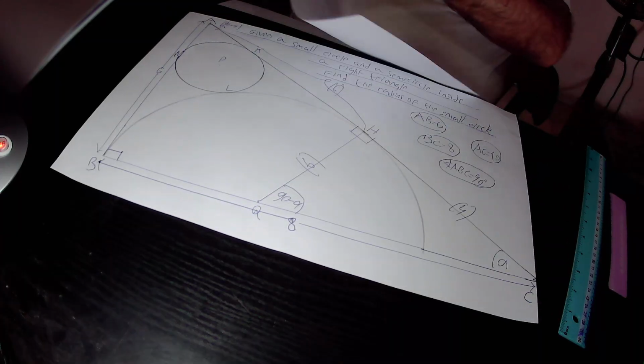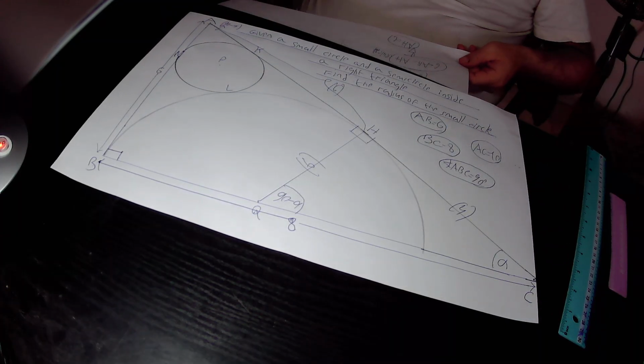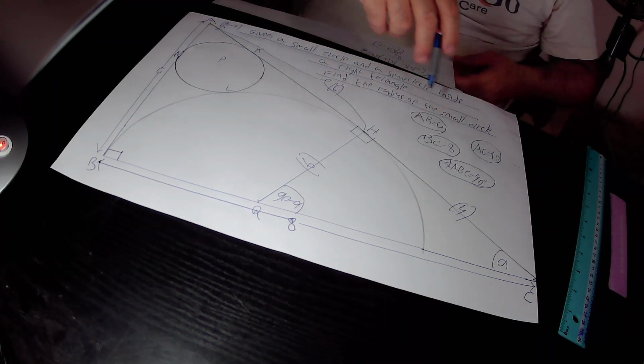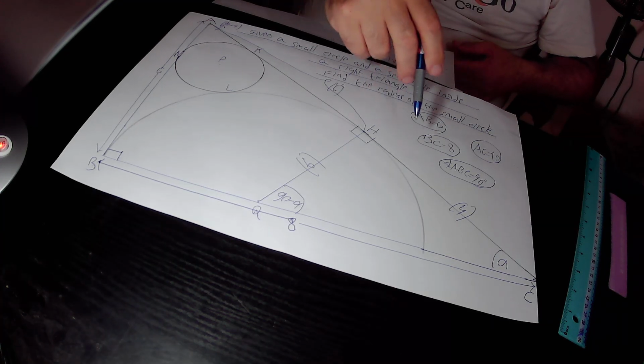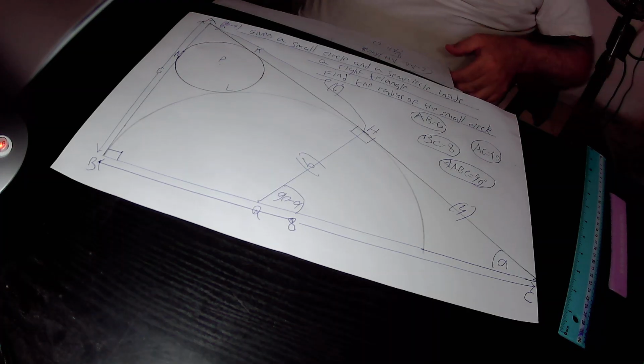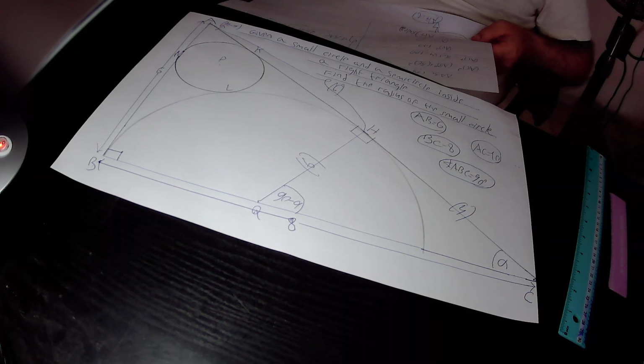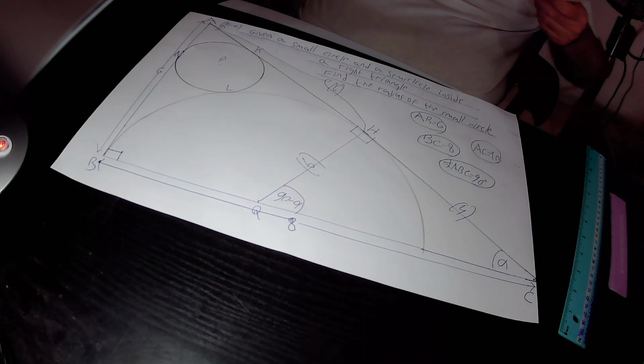So actually we found out that all the three angles in the big right triangle ABC are correspondingly equal to all the three angles in the small right triangle HCQ. Therefore those two right triangles are similar to each other according to the angle similarity rule. So I write it down.